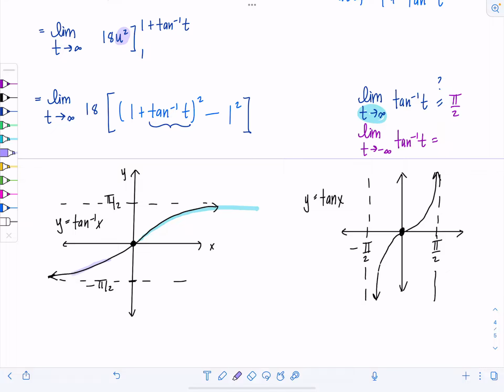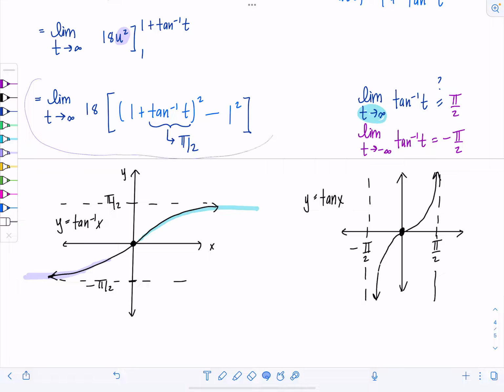That would mean we're going this way. So that limit would be negative pi over 2. Not that we need it for this problem. I just want you thinking because tan inverse of x comes up a lot in calc. So you need to know the derivative of it, how to take limits with it, all that good stuff. Okay, so this is going to pi over 2.